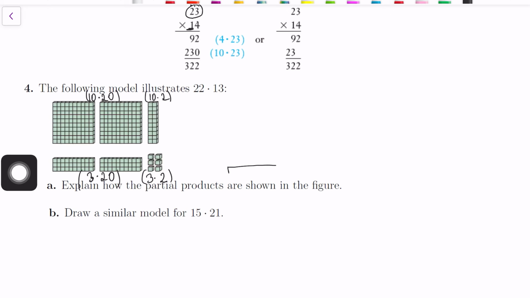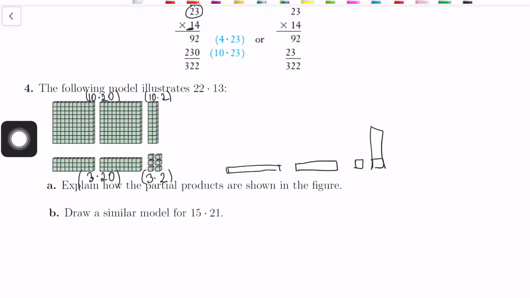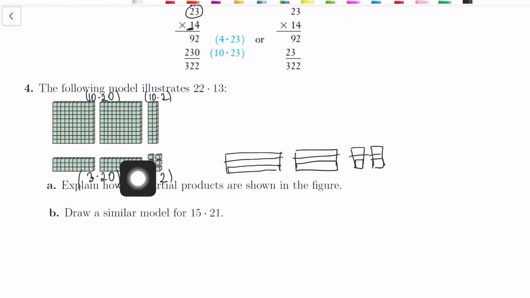So again, originally you had 22, 2 longs and 2 units. And when I multiplied by 10, each long became a flat and each unit became a long, and this is what's illustrated on top. And the bottom part is just, again, we started with 2 longs, 2 units, and if you multiply them by 3, then you're going to have 3 copies of those. And that's represented in the bottom part.